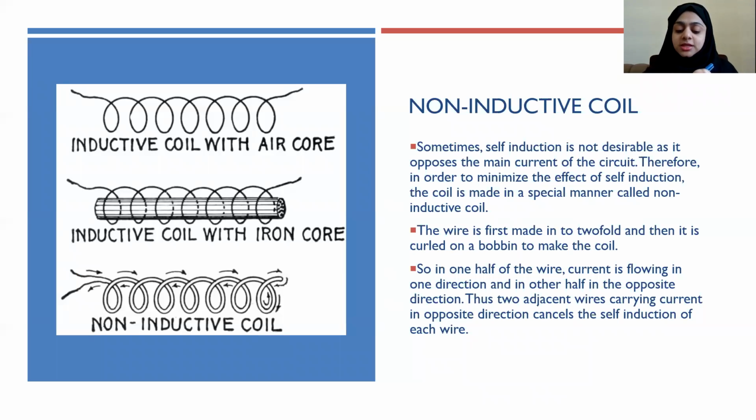Bobbin means anything like a pen, where if the wires are very strong, once I remove this pen, its shape should remain like this as shown in this third figure. So this is the shape.